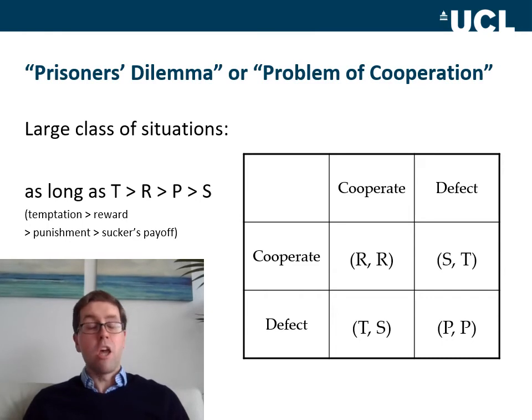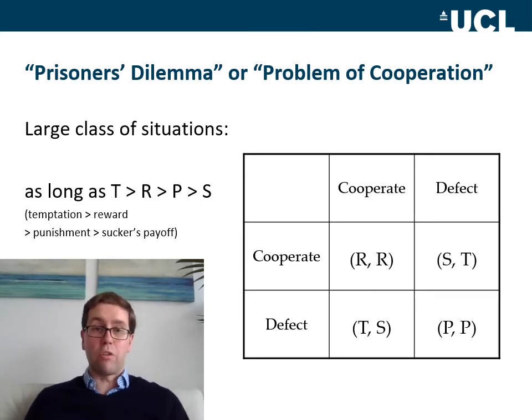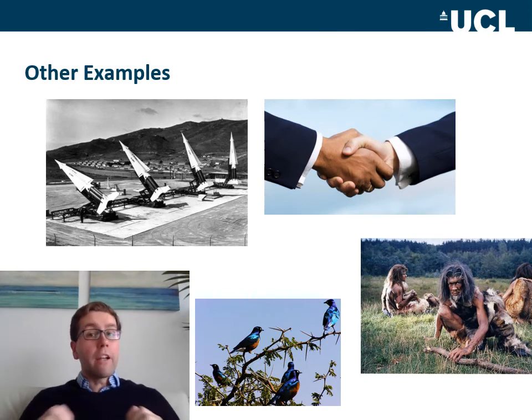And these are incredibly widespread, or this model is incredibly widespread, or finds applications in a wide array of fields. Okay, and like I said, these applications are incredibly widespread.